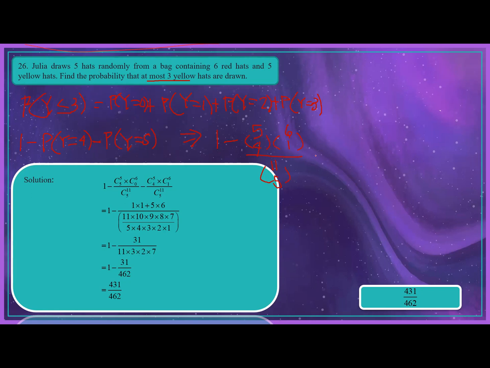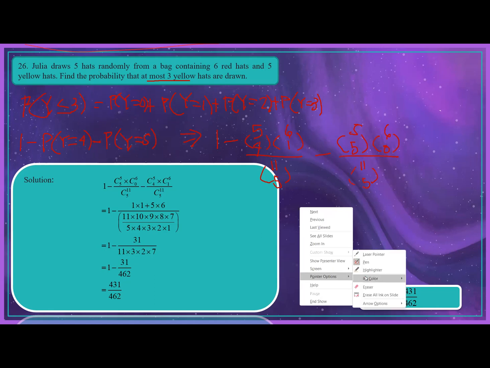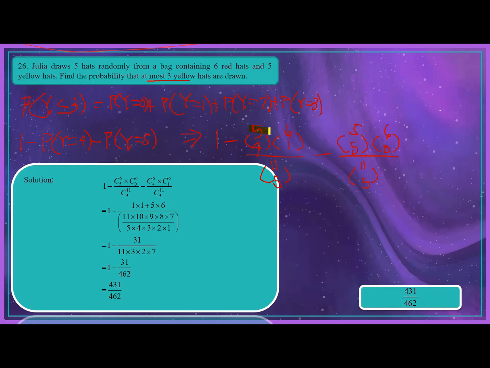Next, when y equals 5, so basically 5 yellow and 0 for the red hats, over 11 choose 5. For this, the best way to check your solution is that this 5 and 6 must total to 11.